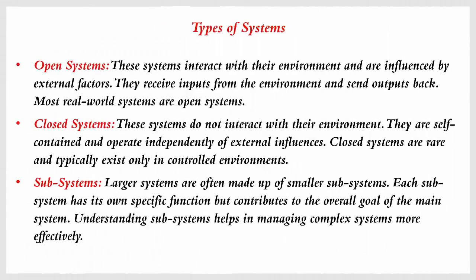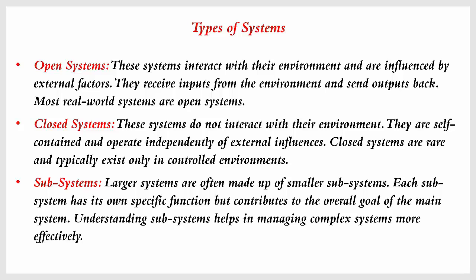Types of systems. Open systems. These systems interact with their environment and are influenced by external factors. They receive inputs from the environment and send outputs back. Most real-world systems are open systems. Closed systems. These systems do not interact with their environment. They are self-contained and operate independently of external influences.